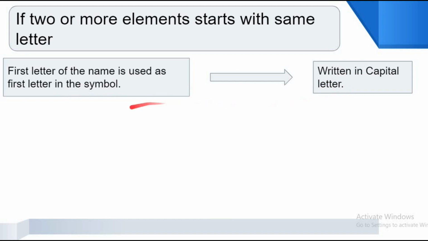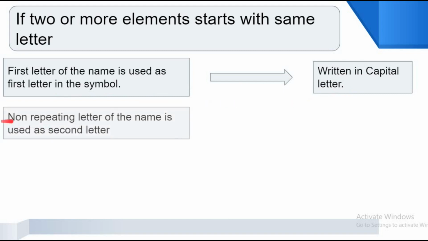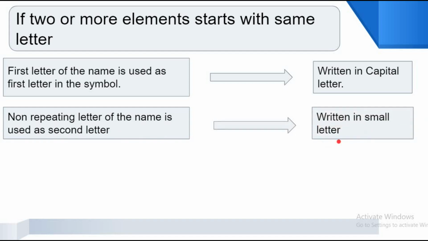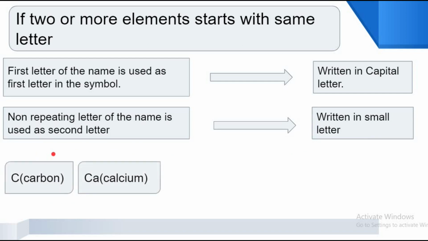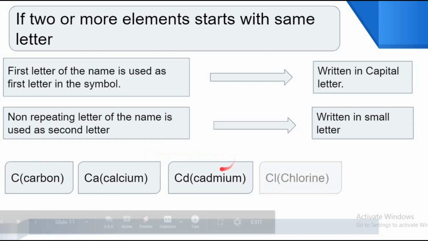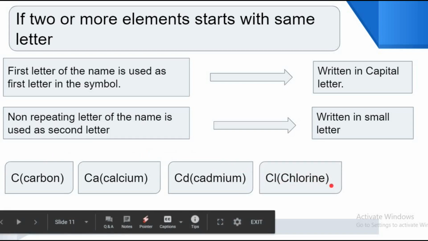Then the non-repeating letter of the name is used as the second letter of the symbol, which is written in small letter. For example, C for carbon, Ca for calcium, Cd for cadmium, Cl for chlorine, and Co for cobalt.